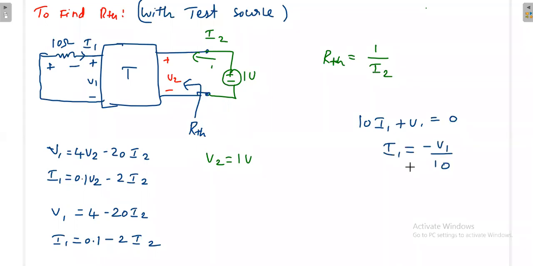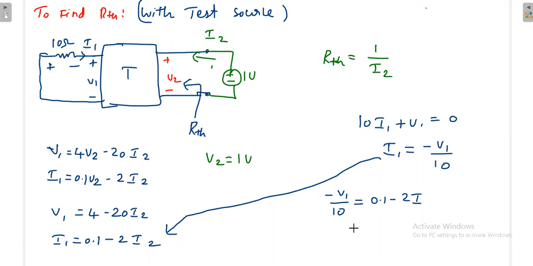So I know what I1 is, and if I know I1, I can substitute here so that I can directly find I2. So I1 is equal to minus V1 divided by 10, which is equal to 0.1 minus 2 I2. Once you solve this, you will get I2 is equal to 1 by 8. Then what is RThevenin? That is 1 by 1 by 8, that is 8 ohm. It is the Thevenin resistance of this model.